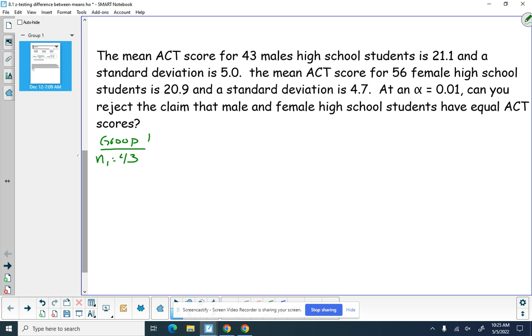Their mean score, X bar 1, is 21.1. Their standard deviation, S1, is the value of 5. What comes second in my problem is females. So I have group 2.